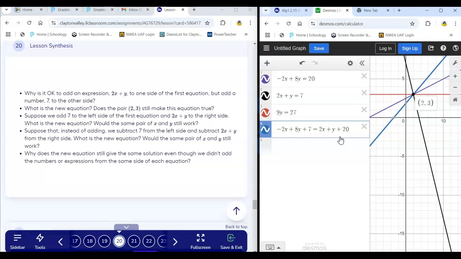This is so cool to me to be able to show you this, that it doesn't matter whether we're adding variables or numbers. If the quantities are equal, as long as we do the same thing to both sides of the equation, we end up with a true result. We end up with a solution to our system.